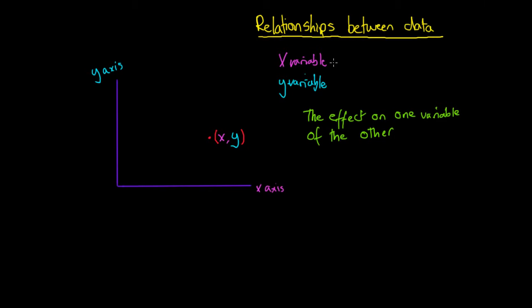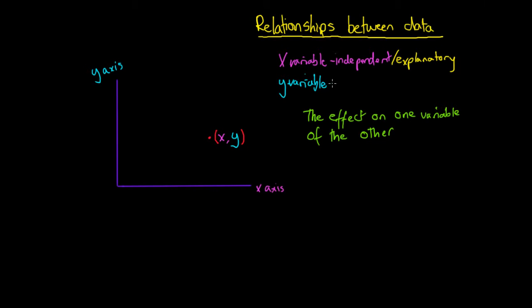And we have some pretty specific terminology for this. Our x variable is called our independent variable, and it's sometimes called our explanatory variable.